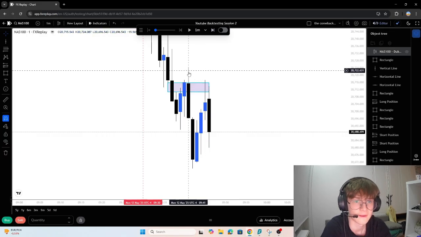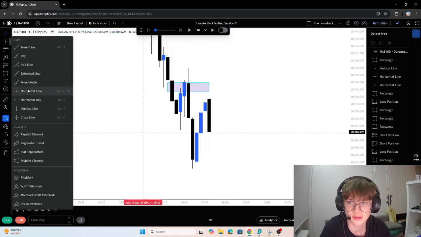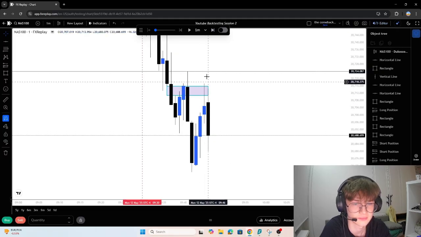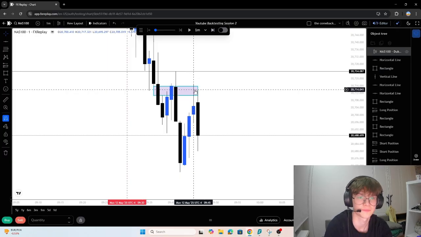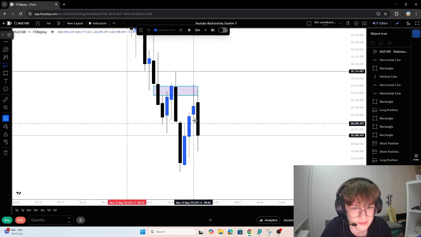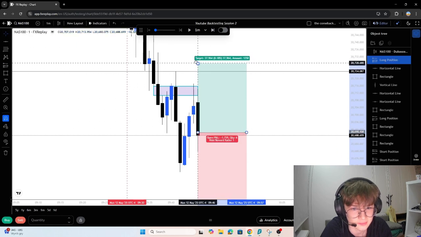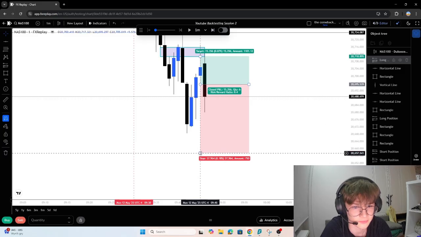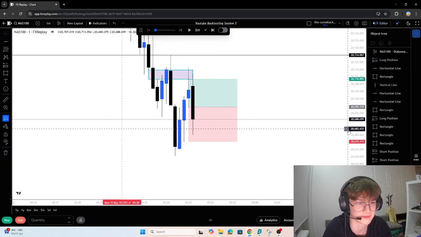And again, I couldn't have targeted this high because I don't know how the price is gonna react off of this FVG. So that's why you should make trades like this, even with a 0.8 risk to reward.